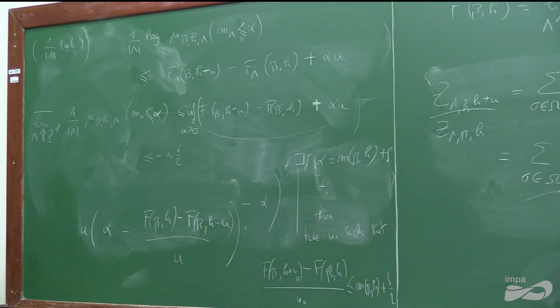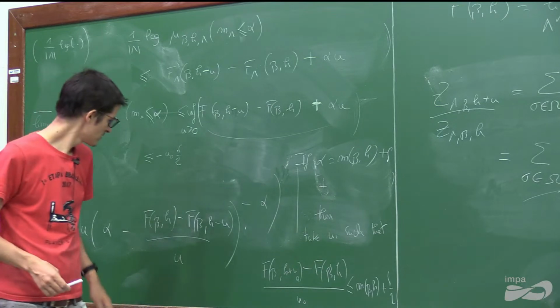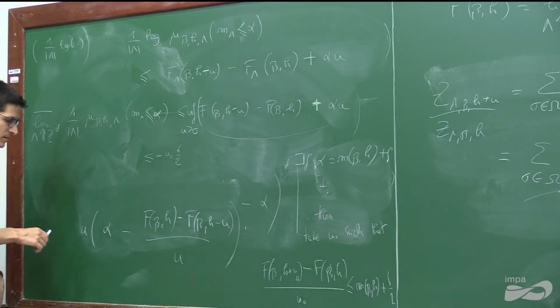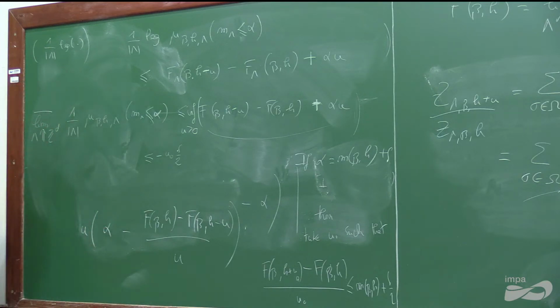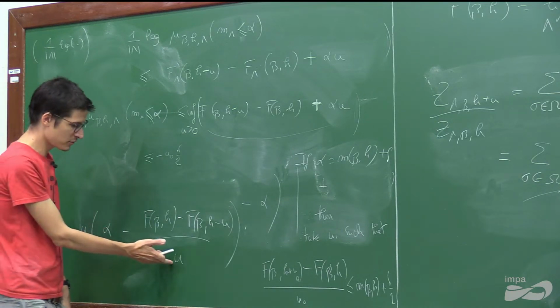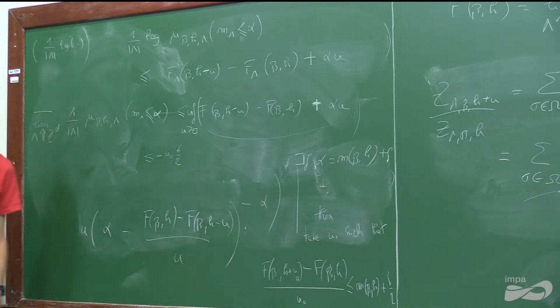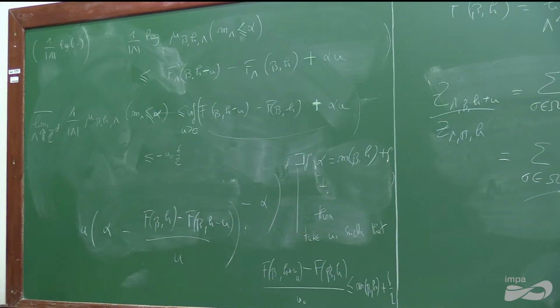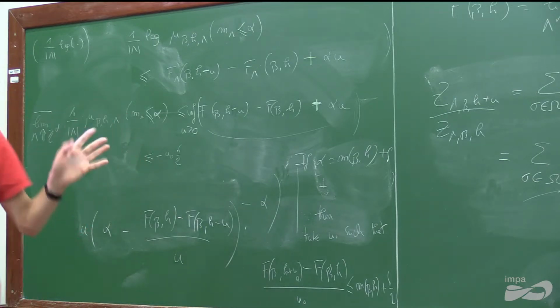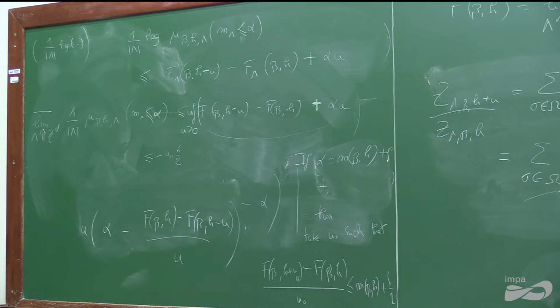Okay, so this is positive, so we want this thing to be negative in order to be able to conclude. And you know that when epsilon converges to 0, this converges to m. Okay, for the same reason as before. I mean, this really converges to the derivative on the left this time. Okay, I placed ourselves in the case where the derivative on the left and on the right exists.